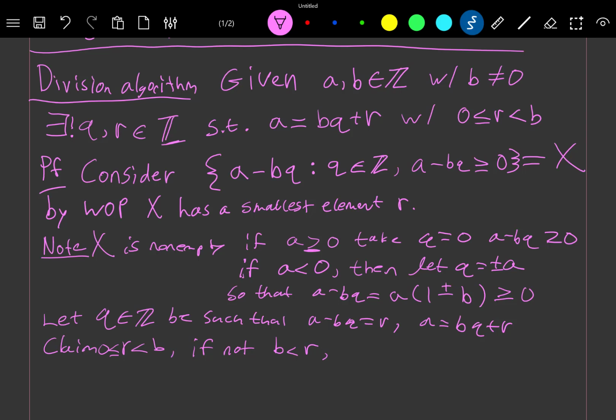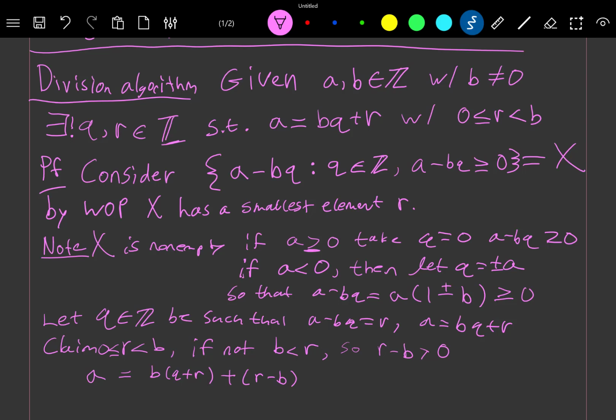So this means r minus b is positive. Then a is equal to b times (q plus 1) plus (r minus b).